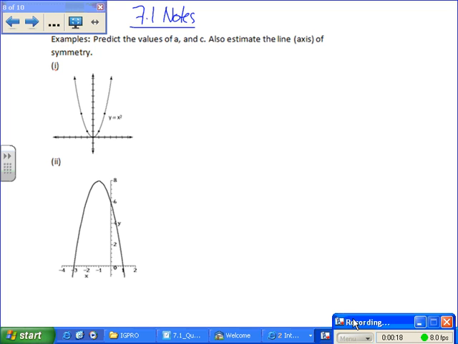So we've already talked a little bit about what a quadratic function is. It's a parabola, and we're given this formula in standard form.